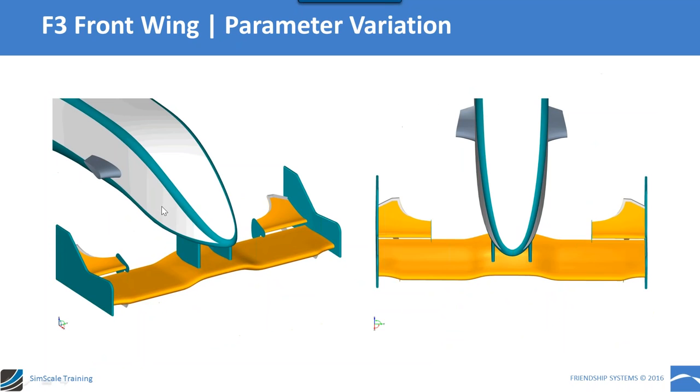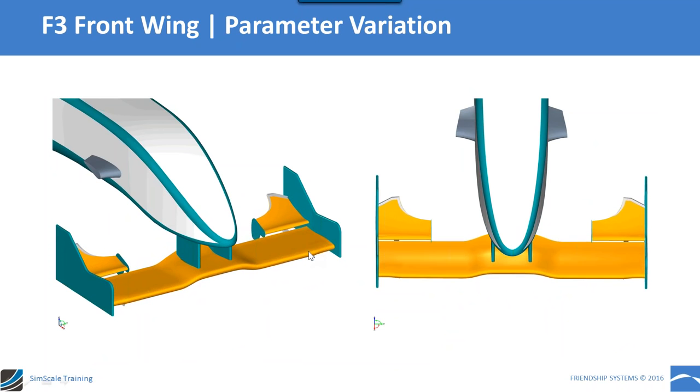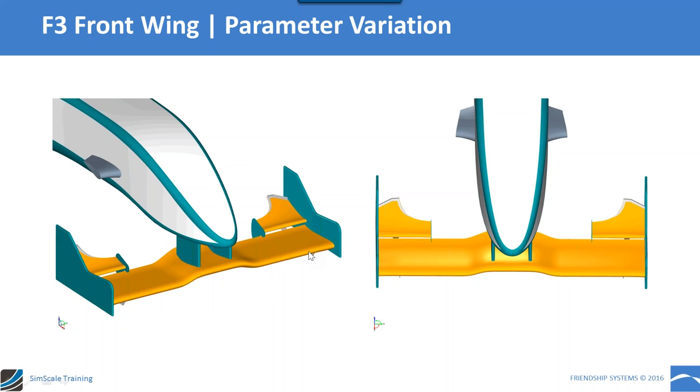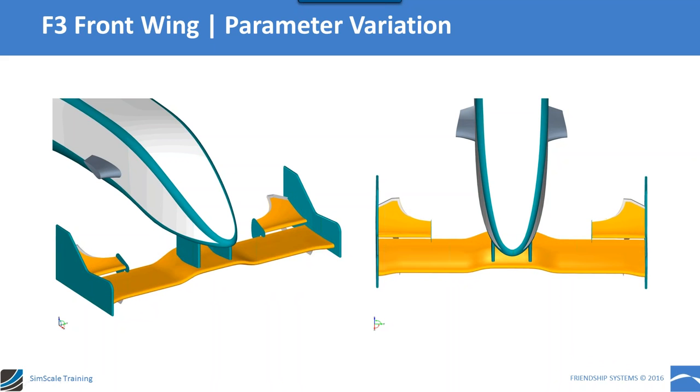This is how the design is now moving. We can see that the chord length is changed, the camber position too, and also the angle of this element here, the flap. So it's really a fully parametric model.